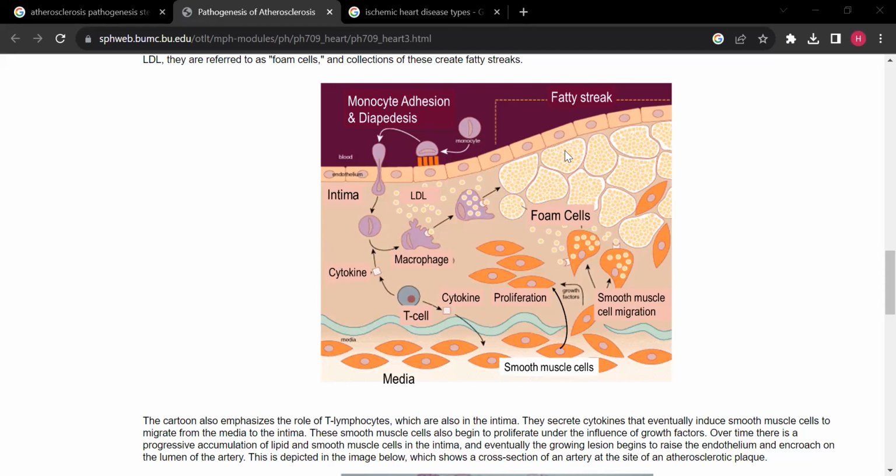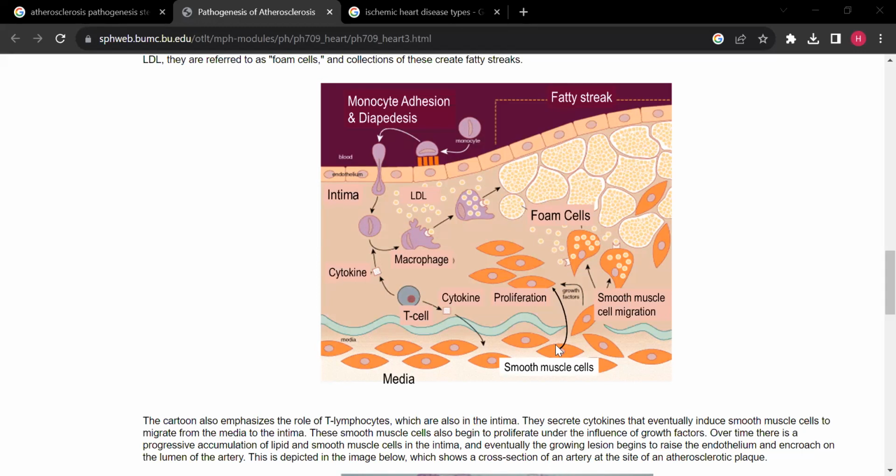They form a layer on top of that lipid accumulation, or this fatty streak. These smooth muscle layers keep on dividing and enlarging, and they form a plaque on the blood vessel, and it bulges into your blood vessel, so that it now blocks your blood vessel.